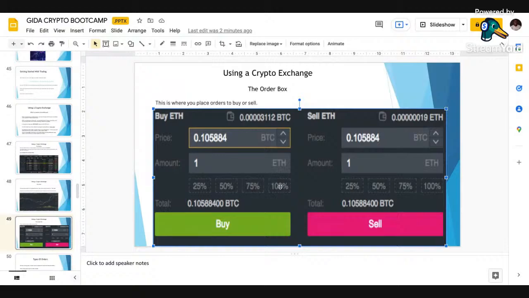So say, for instance, I want to buy a bag of oranges. A bag of oranges is what? 1,000 naira. And I want to buy just one bag. But in my wallet, I have, say for instance, 2,000 naira. And I want to buy just one bag of oranges, which is 1,000.